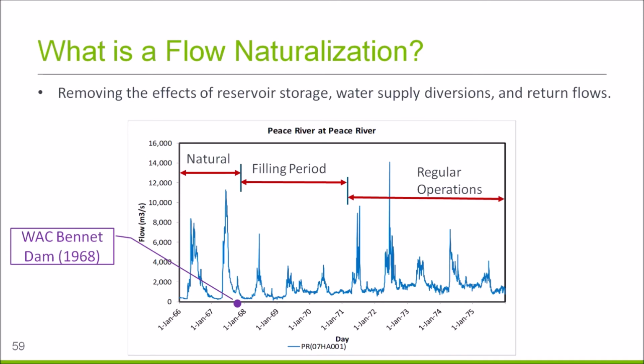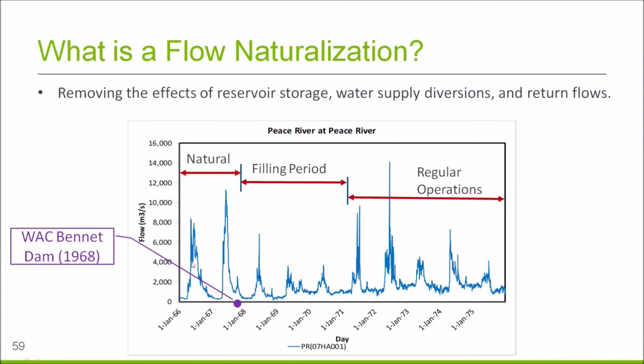Now let's start with what flow naturalization is. As you can see from this slide, this is an example of Peace River, a station in Alberta. You see the hydrograph from 1966 until 68; this is the natural hydrograph.